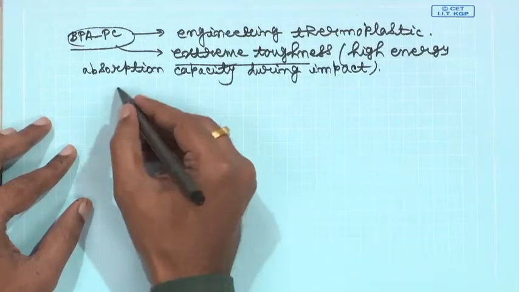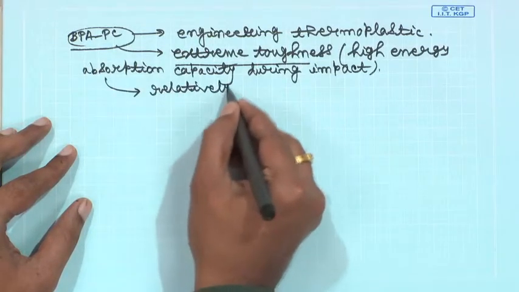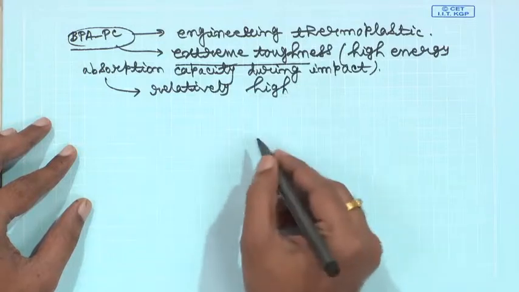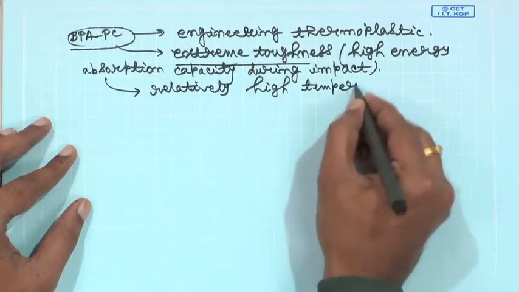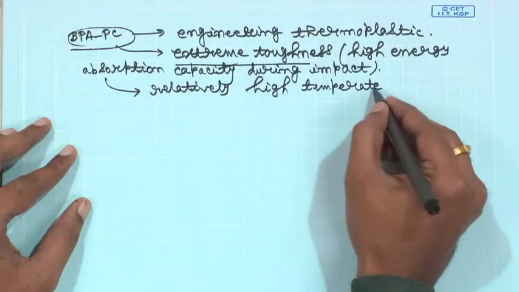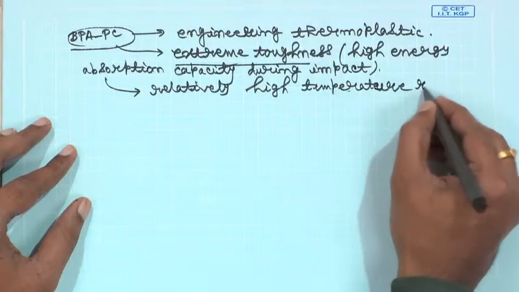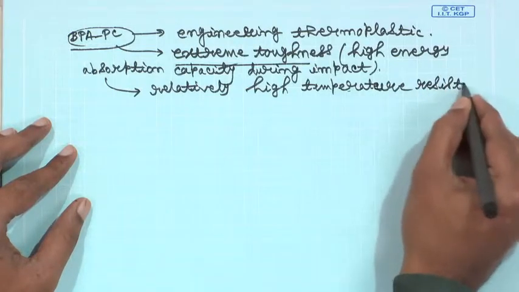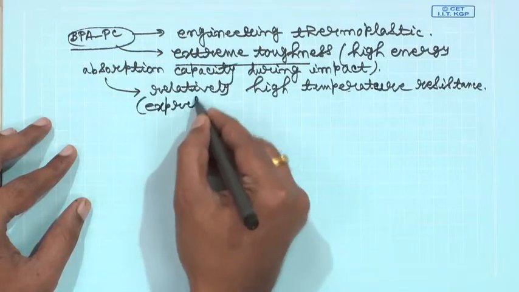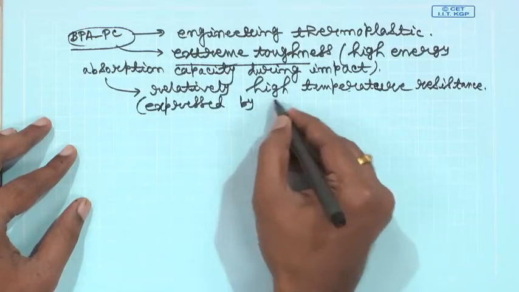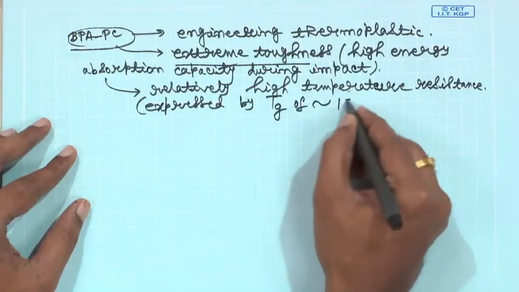and also relatively high temperature resistance, which is expressed by a glass transition temperature of around 150 degrees Celsius.